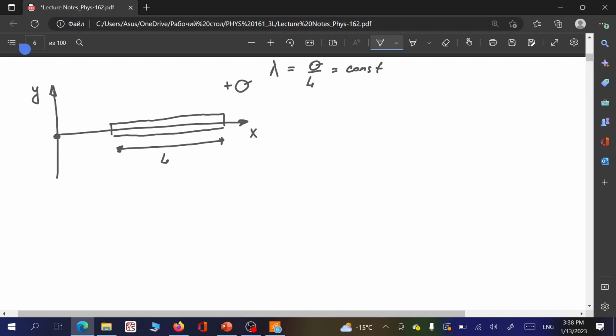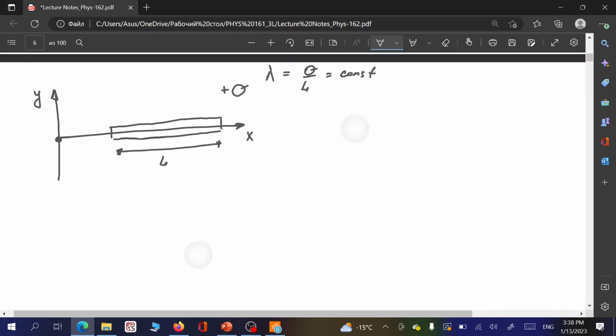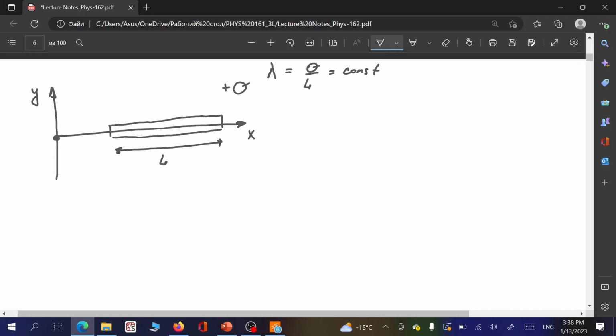Now let us pick this point P where we want to determine the electric field vector.